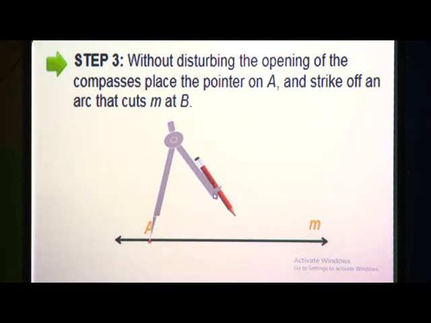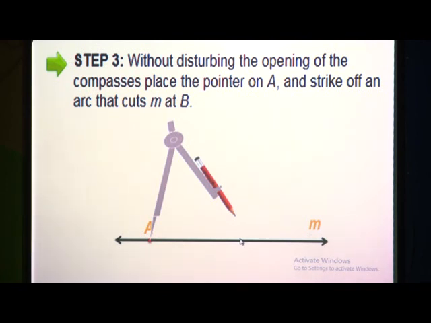Now without disturbing this compass, we put it on the fixed point A and cut the line M by drawing a small arc. When this arc cuts the line M, we can mark that point as B.